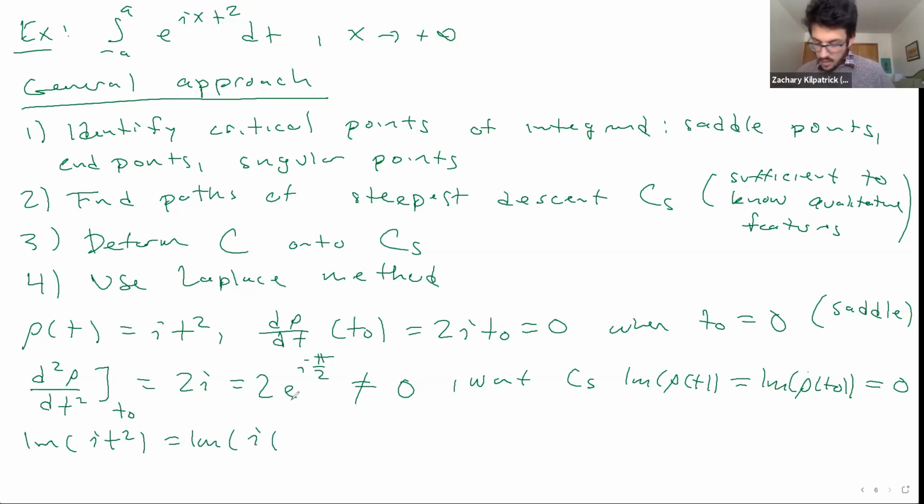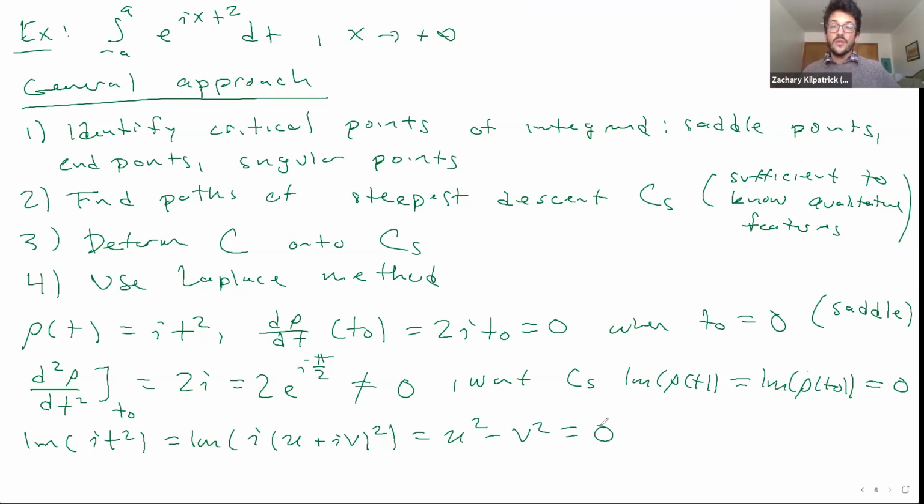So then t can be u plus i v squared. And this is going to be equal to, its imaginary part is just going to be i squared, u squared minus v squared. Okay. And we want to look for where that's equal to 0.